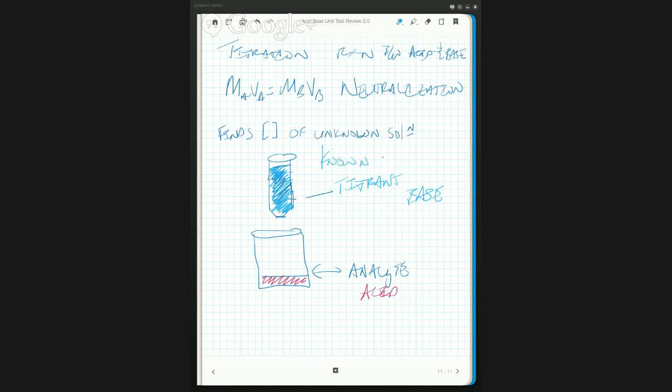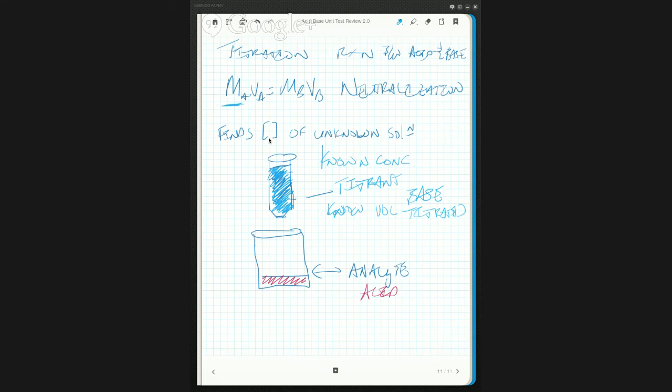Known concentration. And then you also know the volume that you have titrated. So once it goes in, you know the volume of your analyte, and then you can find the concentration, the molarity. So maybe you're looking for the molarity of your acid as an example, okay?